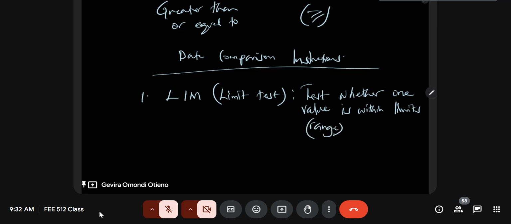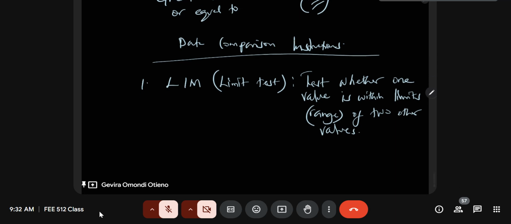That's the word we use, of two other values. It's within range of two other values, okay?